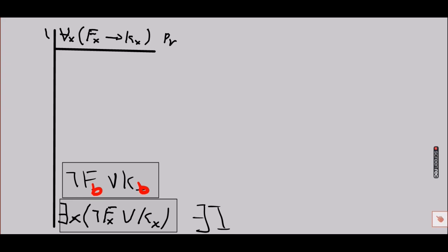Well, let's look up there and see what we have. We have this universal, and we can eliminate it and get any instance that we want to. So what instance should we get? Well, since we are going for not FB or KB, it makes sense to get the B instance of this universal. So let's get FB arrow KB using universal elimination on line 1.